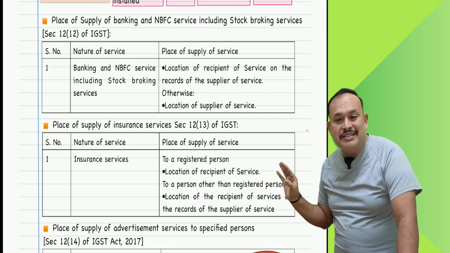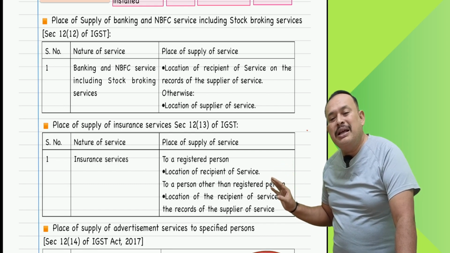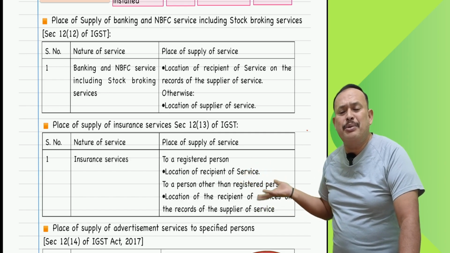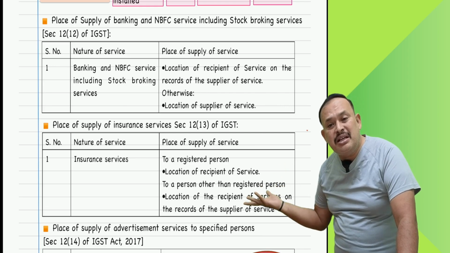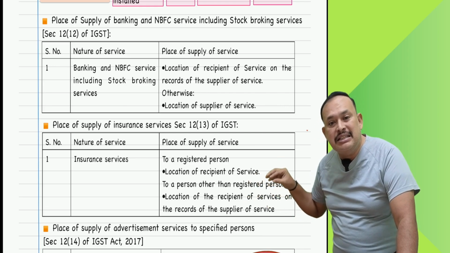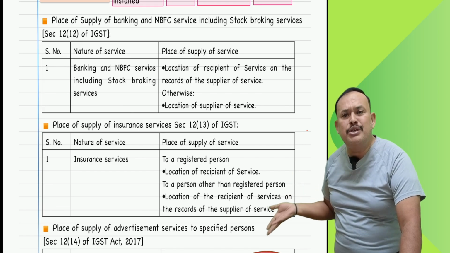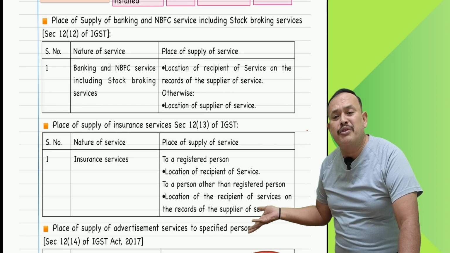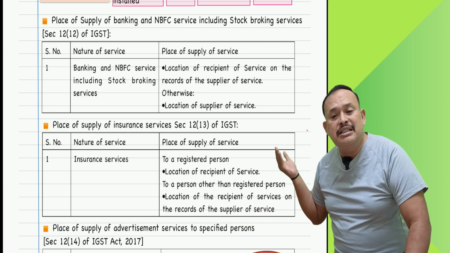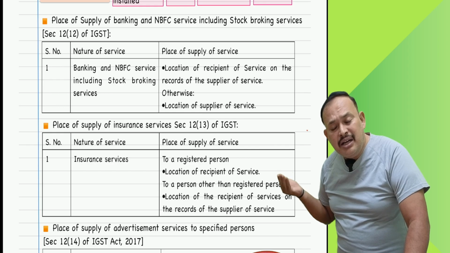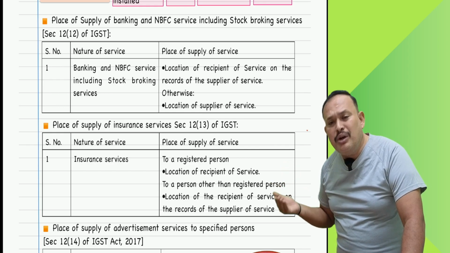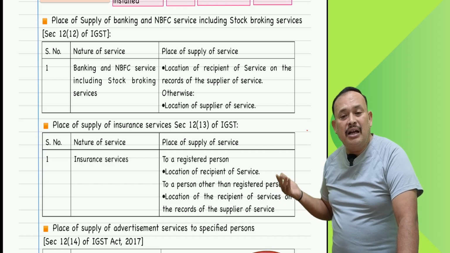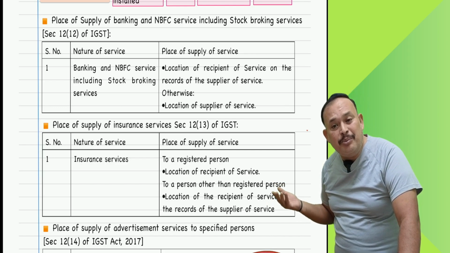Section 12, subsection 13. Supply of services to whom? To a registered person, location of the recipient is the place of supply. If an unregistered person, the address of the recipient is available with the books of the supplier, obviously it should be there. Otherwise, it is a violation of the provisions of the IRDA, the Insurance Regulatory and Development Authority of India.